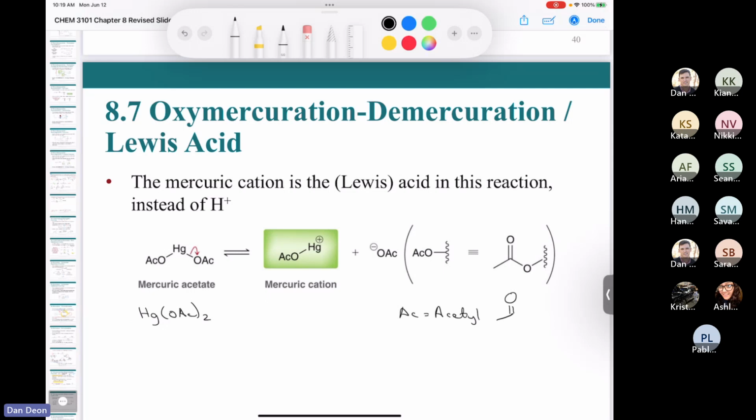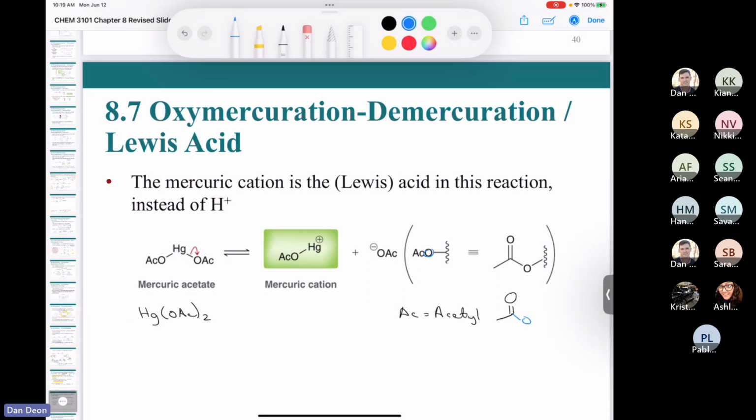Okay, so if you have OAc, the oxygen is this oxygen here. So that's an OAc group. So it's an acetyl group, okay? So what happens is the mercuric acetate, or you can call it mercury 2 acetate, doesn't matter, undergoes this fragmentation to give you a mercuric cation. So you're like, wow, when was the last time I saw a mercuric cation? Well, you haven't, okay, until now.